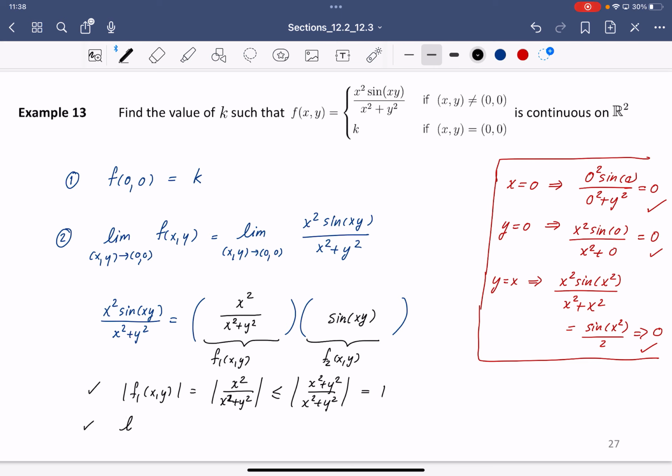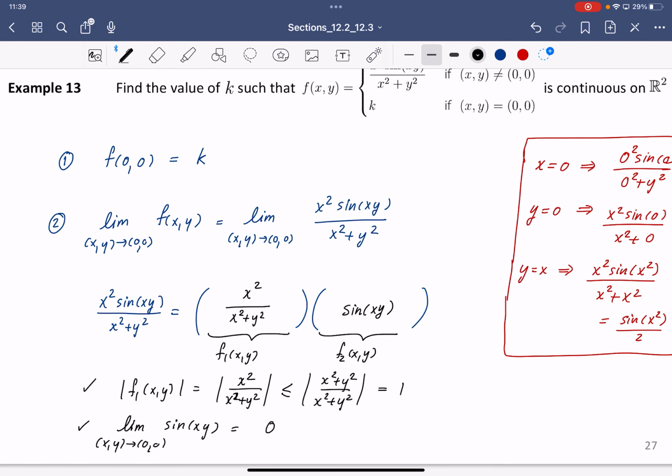The second condition is we need the limit of sine xy as (x,y) goes to (0,0). This is 0 because you just plug in 0 there and get sine 0. Because of this check, by the squeezing theorem, the limit goes to 0. And then by 1 and 2, to hold the continuity property, k must be 0.